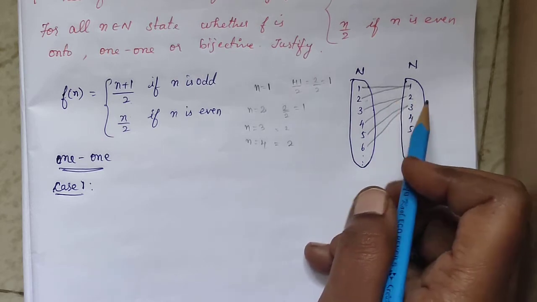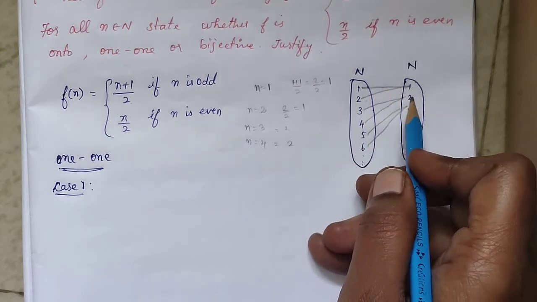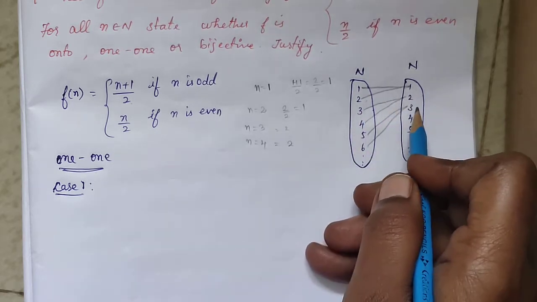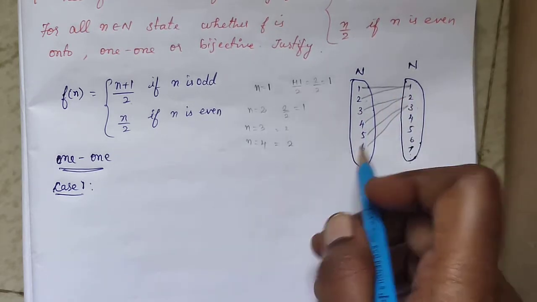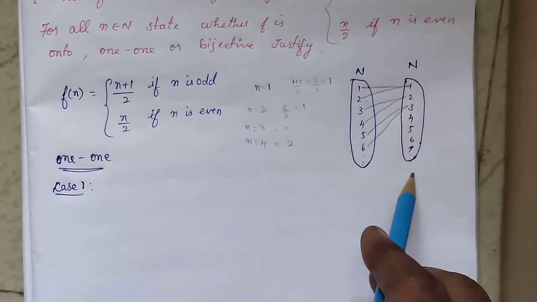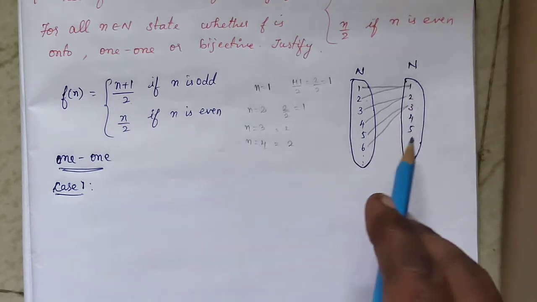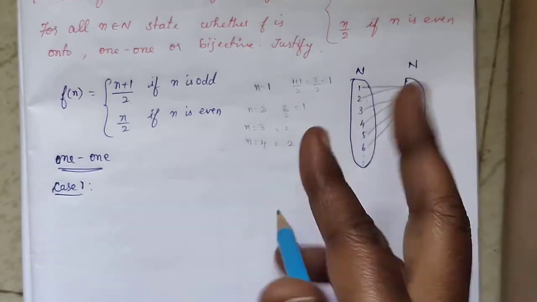For 1 we have 2 pre-images, for 2 we have 2 pre-images, for 3 we have 2 pre-images. Likewise each and every natural number in the codomain will have 2 pre-images.